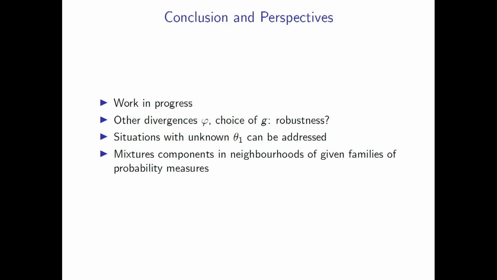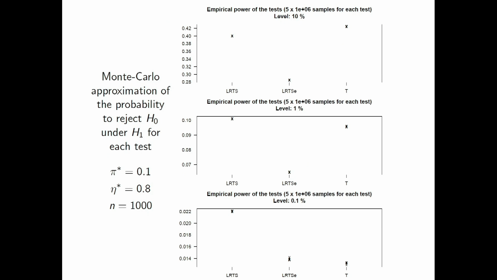Did you look at the power of the test? Yes, I'm sorry. I had to go too fast, but this is the power of the test. This is a Monte Carlo approximation of the power of the test.